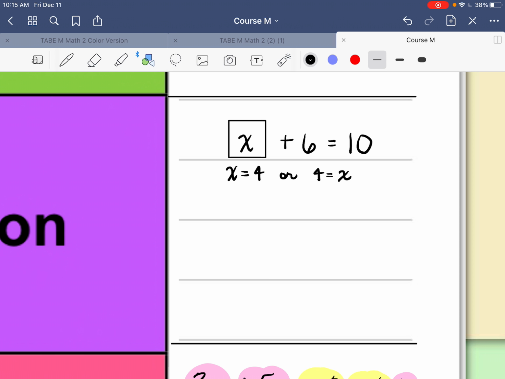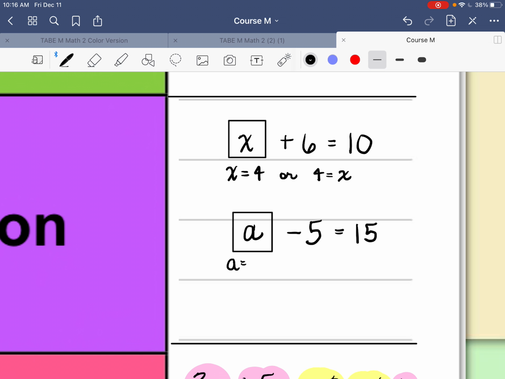Here's another one. Let's do something minus 5 is 15. So what would A have to be so that I could take away 5 and be left with 15?